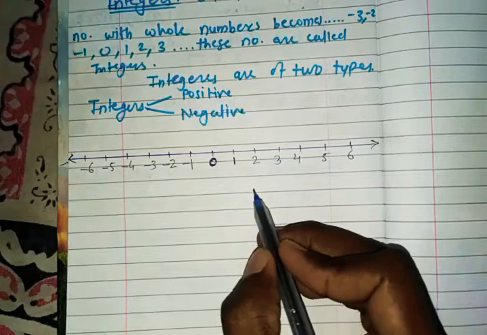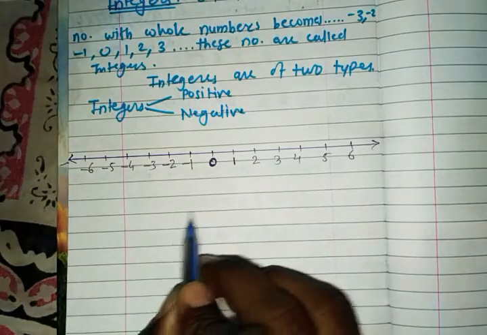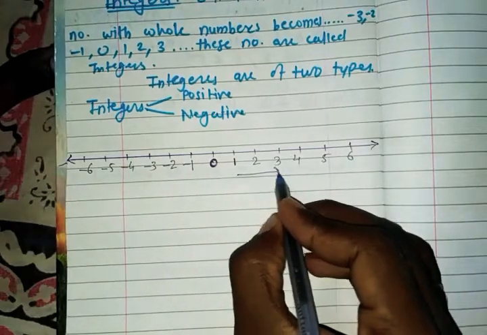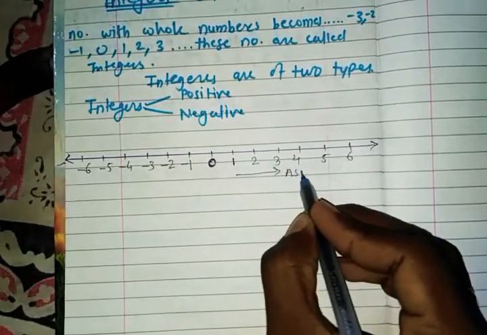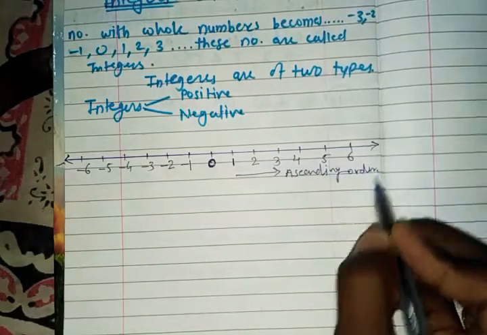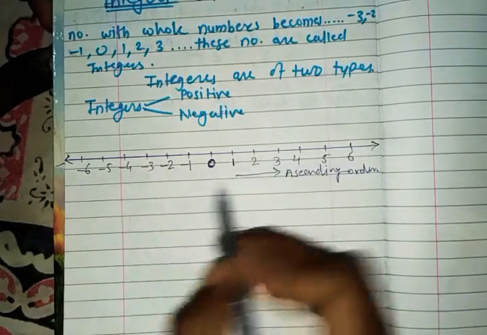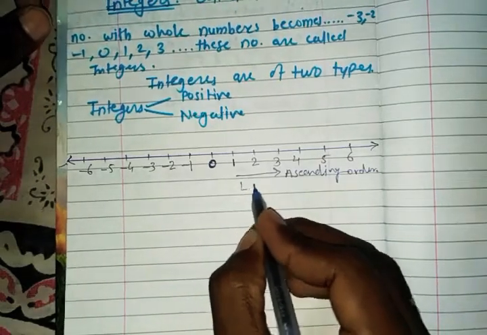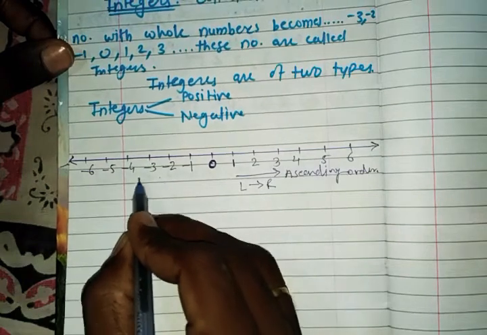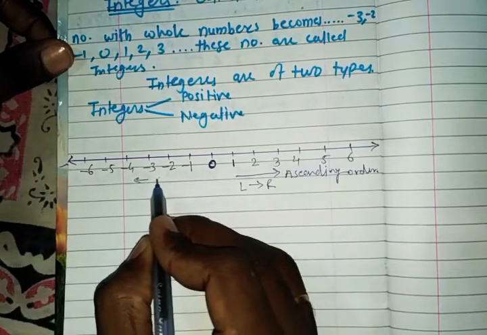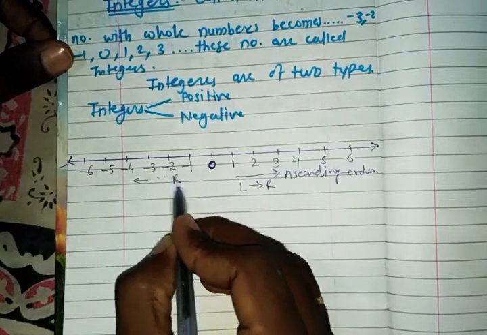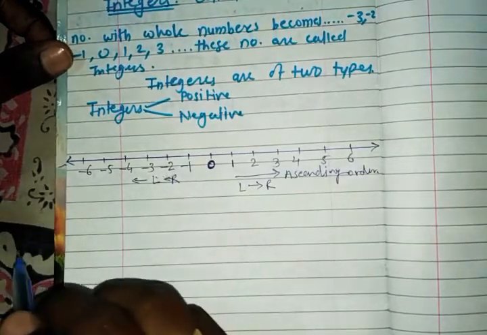So what we can learn from this representation: on the right hand side, the positive numbers are in ascending order from left to right. And on the left hand side, the numbers are in ascending order from right to left, right?